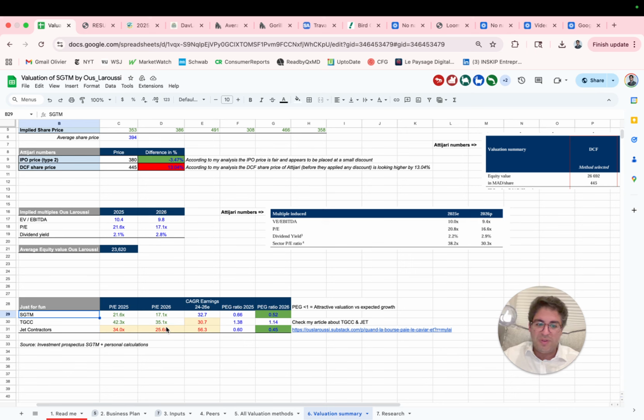You don't divide it by a percentage, but by an integer. So if you find that the growth of earnings here is 32.7%, you multiply it by 100, then you take the PE and divide it by the earnings growth, and anything below 1 is an attractive valuation versus the expected growth. So what we see here is that it is the case for SGTM.